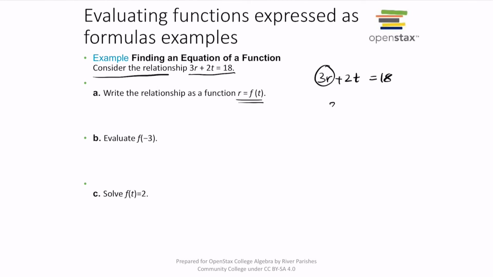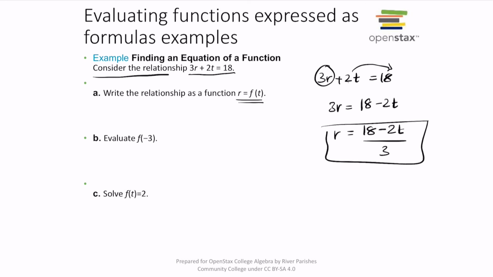So this is 3r, keep it on this side. Plus 2t, if it goes on the other side, it becomes minus 2t. R becomes 18 minus 2t by 3. So this is the form of r equal to f of t. If r equal to f of t, we can write that f of t equals 18 minus 2t by 3.